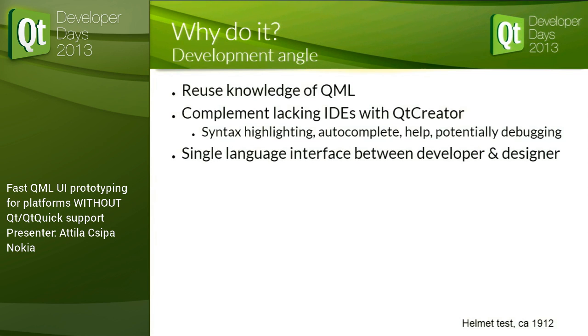There is a single language interface between developers and designers. This is super important. When I'm showing designers QML every day, they get used to it. They have an idea of what it looks like and how it works. If I show them different platforms, like today Java stuff, tomorrow Qt stuff, the day after Windows stuff, so Metro, whatever, they get confused: okay, we get the design, but we are clueless about what's happening in the back.